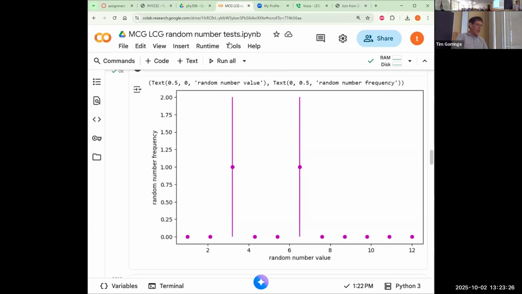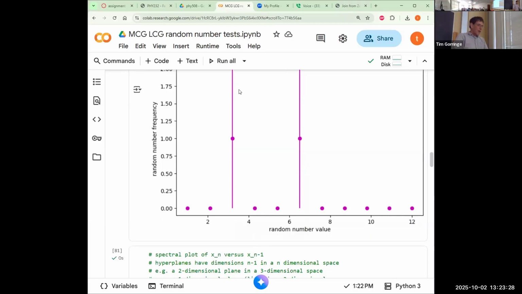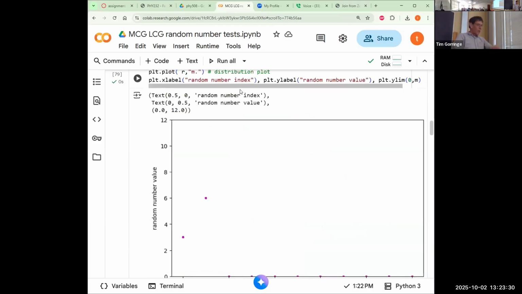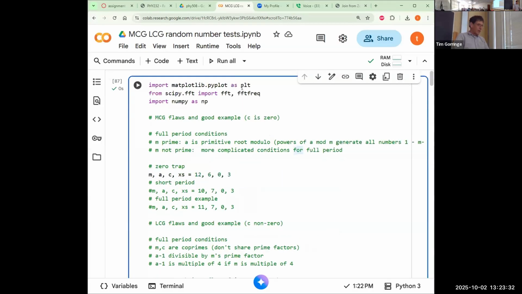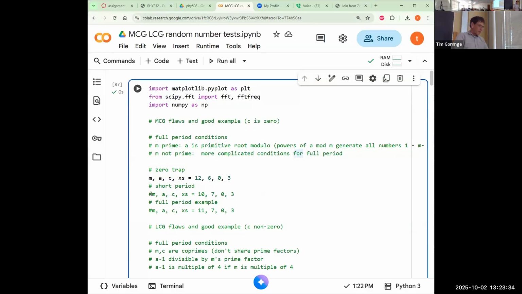I'm not counting 0 in here. I've got one more plot I'll show you later on. So that was a short period that was terminated in zeros, which is the trap for MCGs.